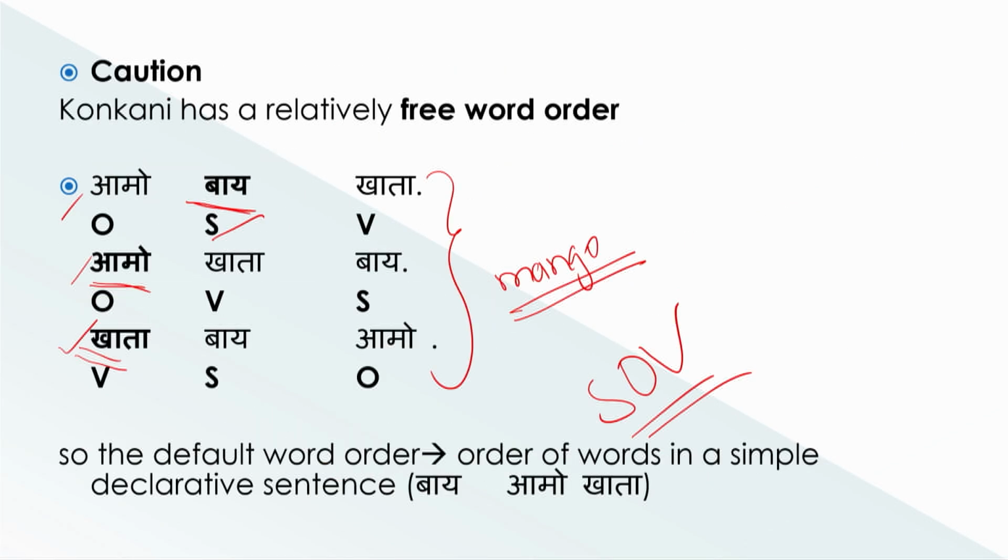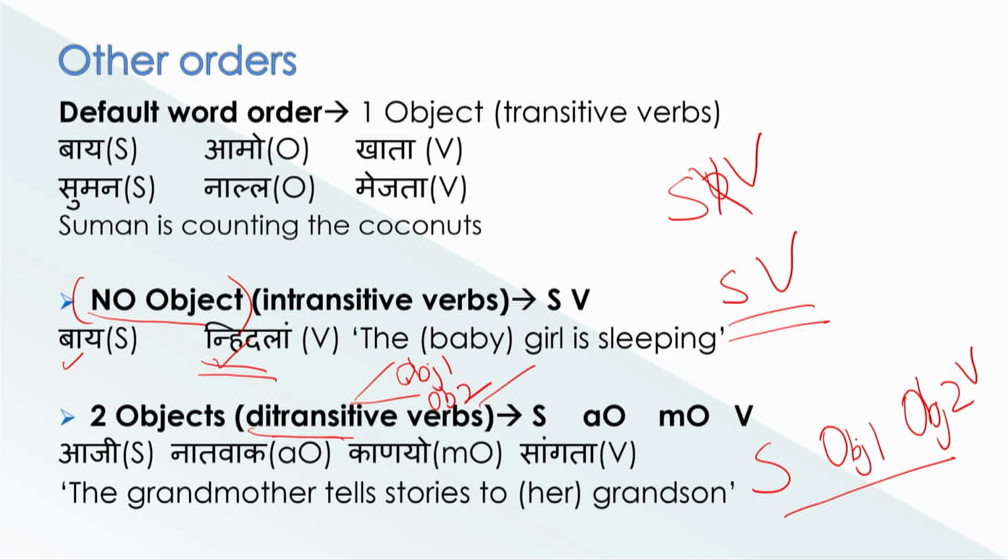Then we also said that Konkani has a free word order. So the default word order in Konkani is the one we use when we say a simple sentence or a declarative sentence.